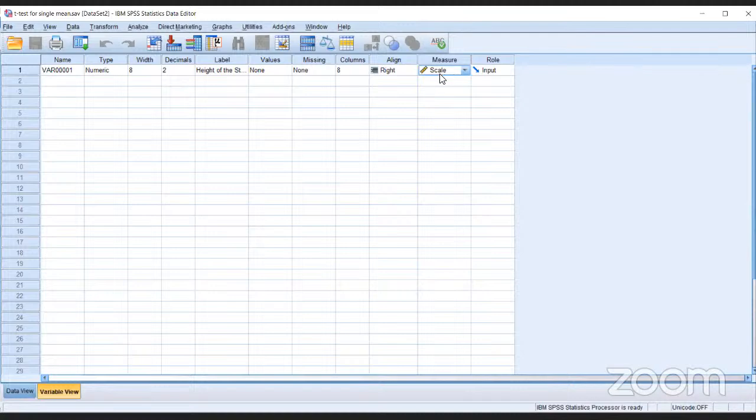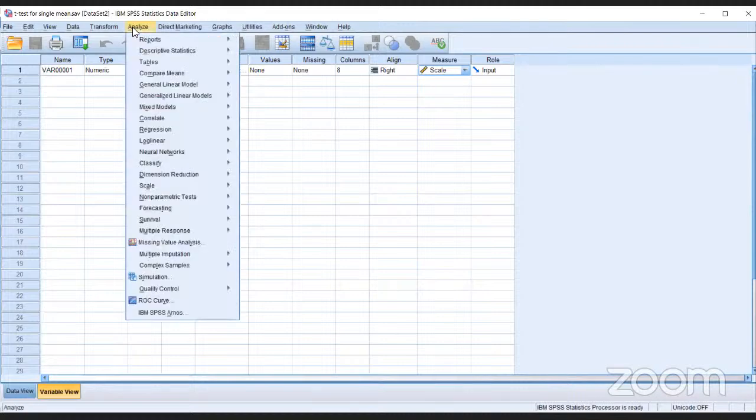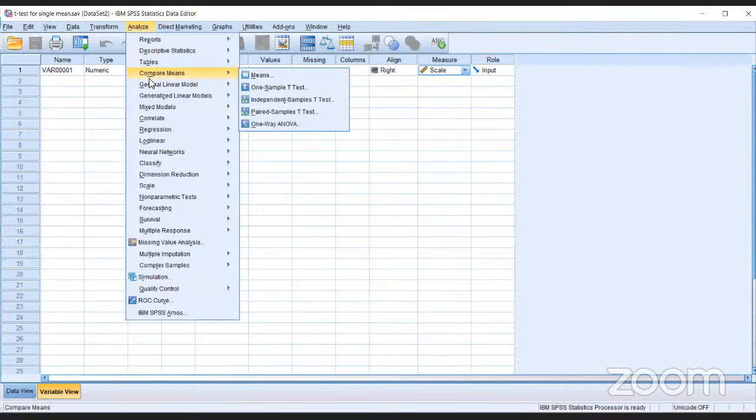Now I'm going to Analyze. There you see Compare Means. Are you getting it? Now here we need to select the One-Sample T Test.